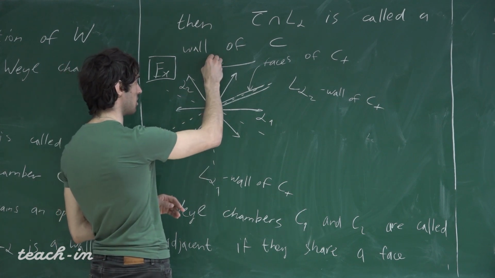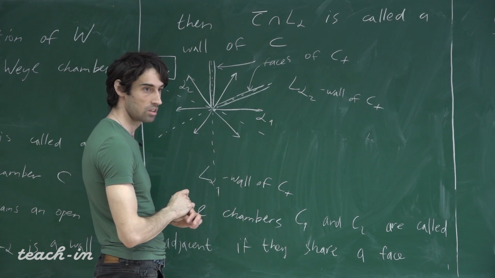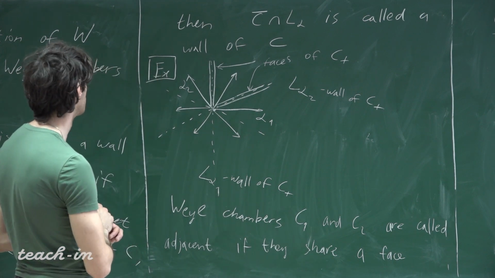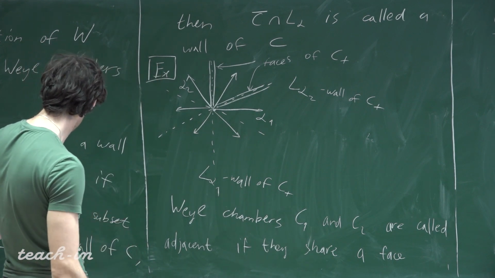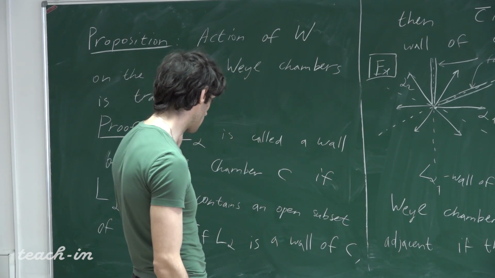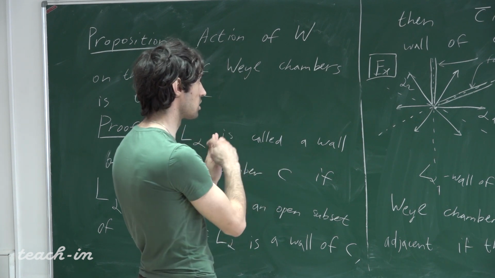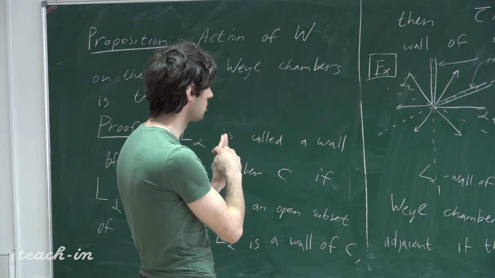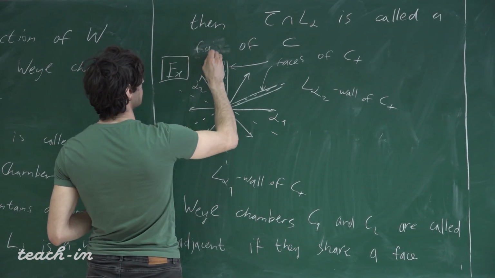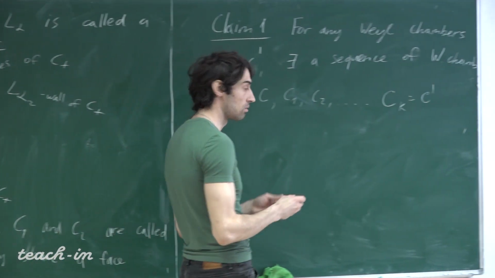So this is a face of C plus. The graph is totally correct, it is the wording that is off. Let me inspect the wording. Suppose I have a wall, then I take this intersection, and this is called a face. Okay, thank you.